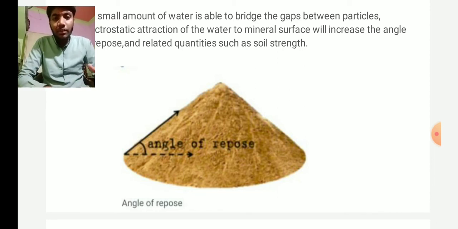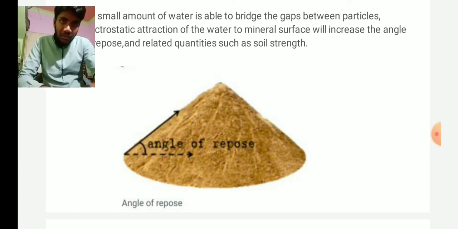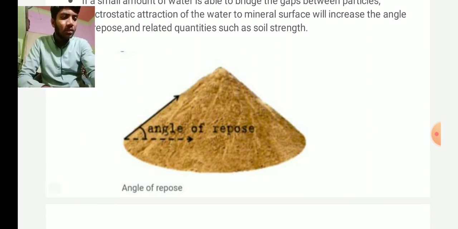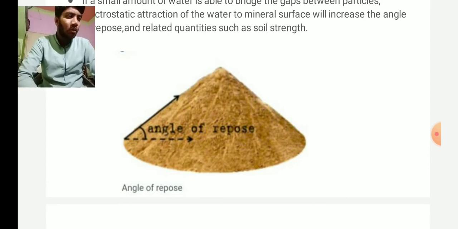As in the given figure in the PPT, we can see the angle of repose. The topmost path is the steepest angle. This is the steepest angle. So this is a picture of the angle of repose. When bulk granular materials are poured onto a horizontal surface, a conical pile will form.